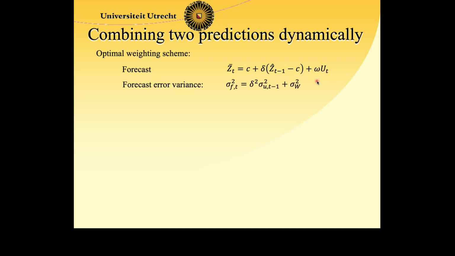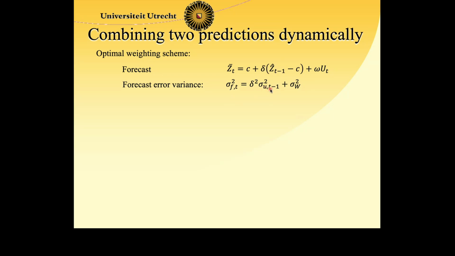Now, we do a forecast. We can also compute what the forecasting error is. Actually, this is the variance of the forecast at time t. F stands for forecast, and U stands for update, so after we updated with the observations. This is the so-called measurement update, and this is the variance of the measurement update.